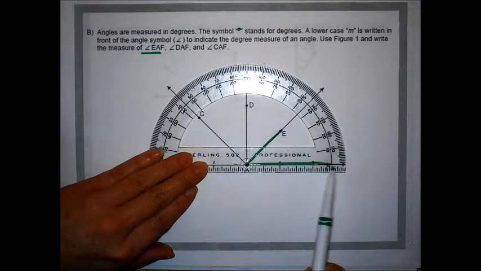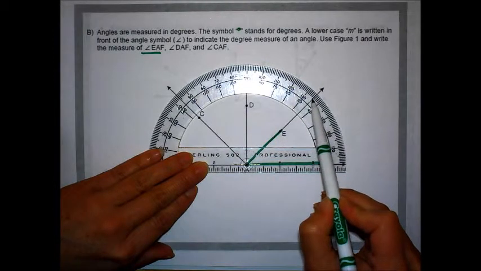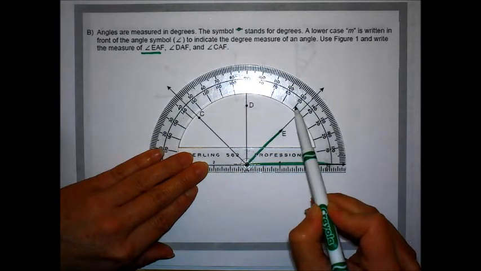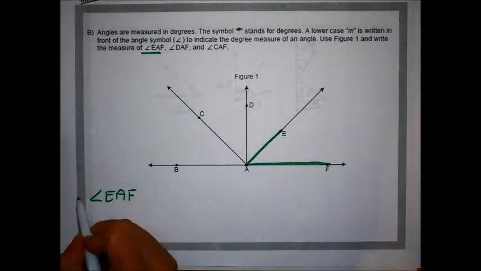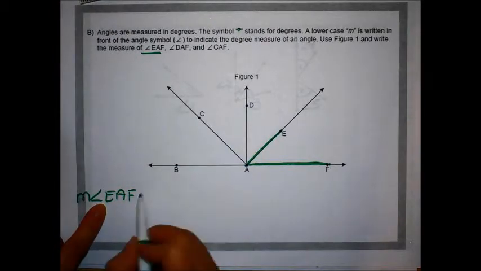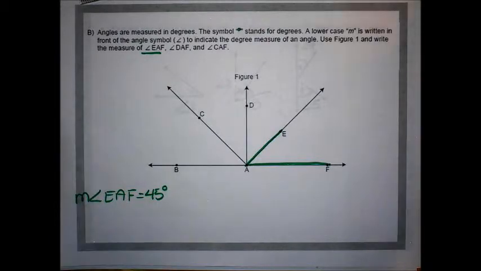Then notice, since my arrow is pointing to the right, I'm going to start at the right. I'm going to start with 0, which is my inside numbers. So I'm going to go around, and I notice it crosses. Here's 40, crosses halfway between 40 and 50, which is 45 degrees. So the measure of angle EAF is 45 degrees.